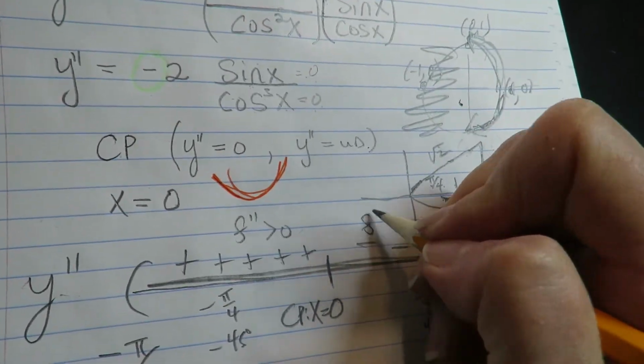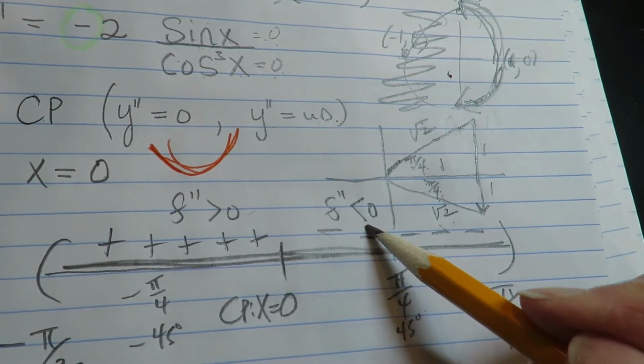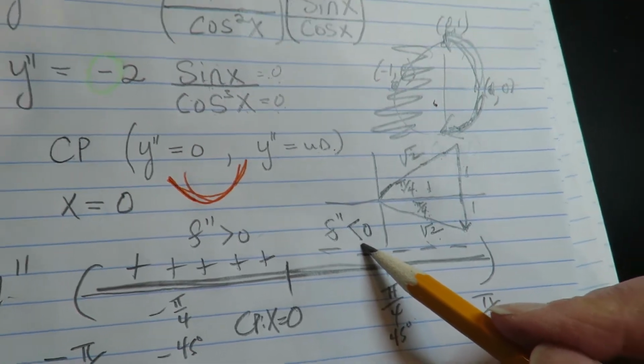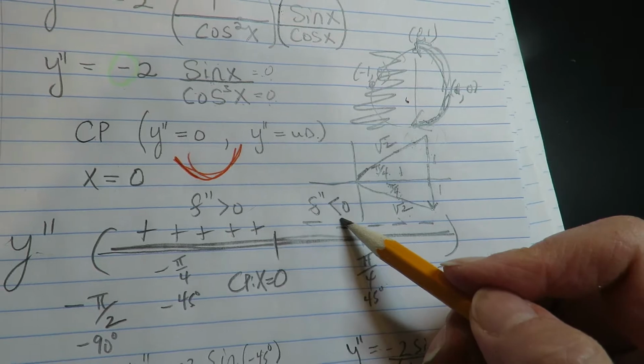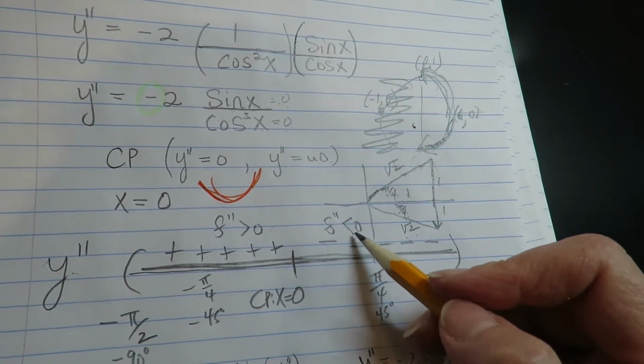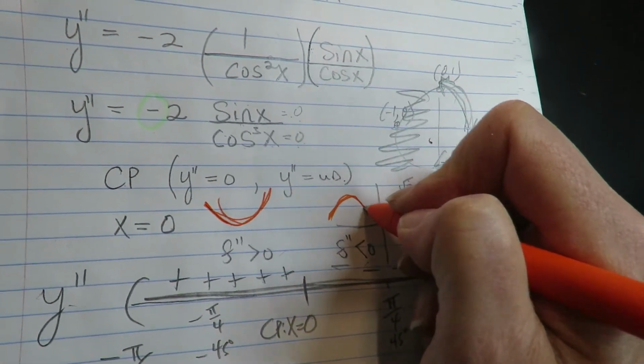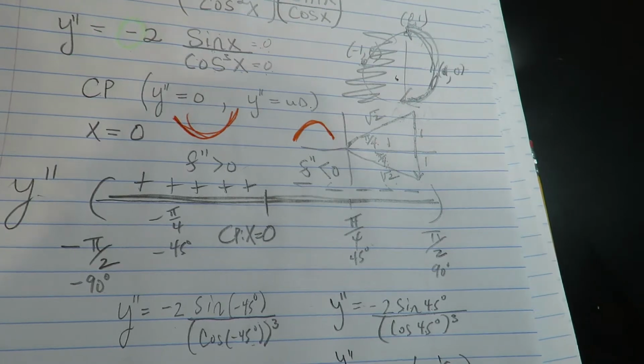So we're saying that the second derivative is a negative value. Second derivative refers to the bending or the concavity of the graph. So that means for this segment, the graph is concave down. It's dropping water. It's bending downward.